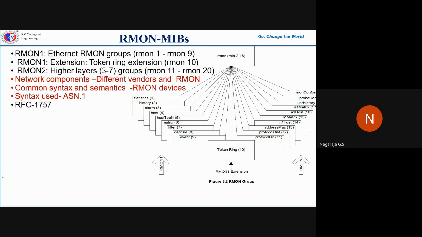It is extensively for the token ring MIB. Again, in it we have different groups, because you want to explore something. It is not possible to have only one group itself, so we have many more in the case of token ring as well.